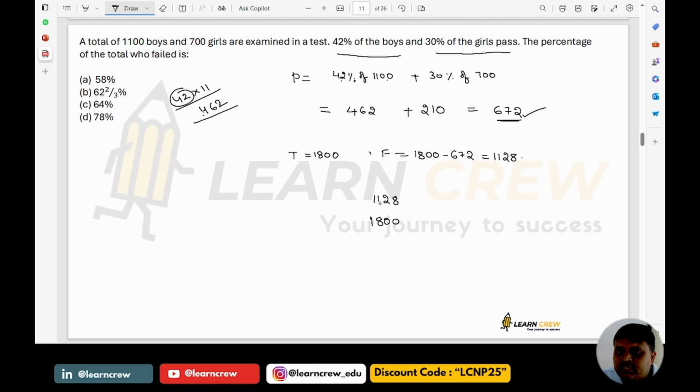So 1128 is what percentage of 1800? It is 1128 by 1800 into 100. So how much are you going to get now? If you simplify here, two zeros cancel. So after simplification, 1128 by 18. Is it divisible by 6 or not? 6 threes are 18.